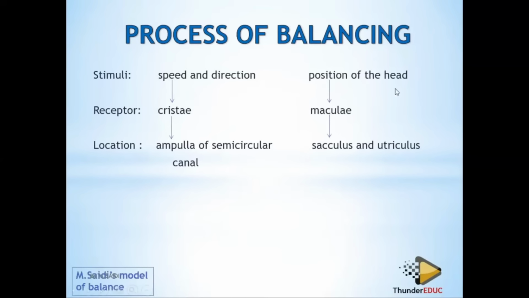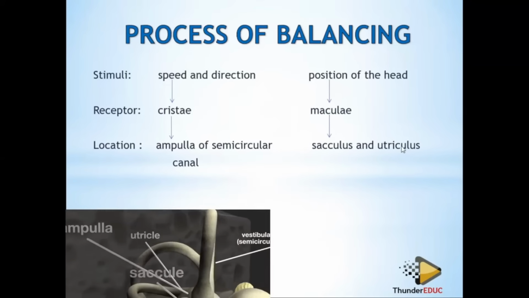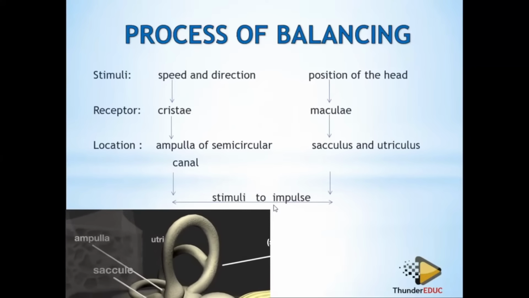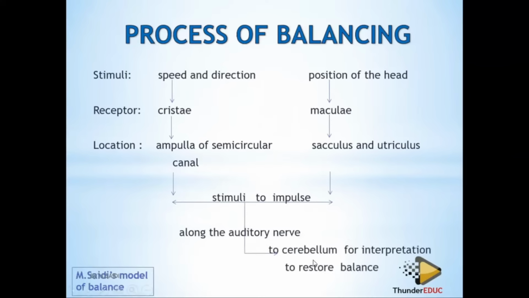Change in the position of the head stimulates the maculae found in the sacculus and utriculus. The stimuli is being converted into impulses, and the impulses are sent to the brain along the auditory nerve for interpretation. The stimulus is sent to the cerebellum for interpretation to restore balance along the auditory nerves.